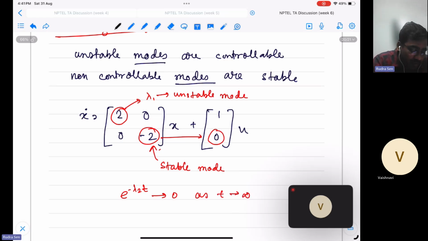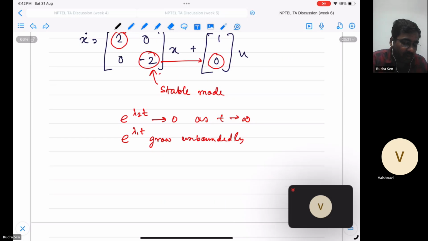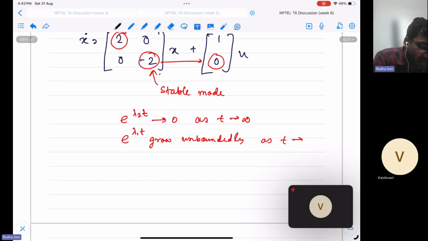So this stable mode converges to 0 whether there is a control input or not. Since lambda 2 is negative, e to the power lambda 2 t decays. Now e to the power lambda 1 t grows unboundedly as t tends to infinity.